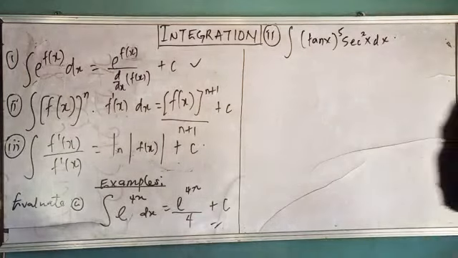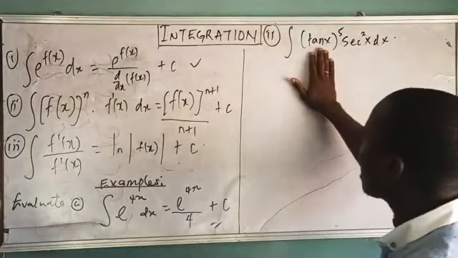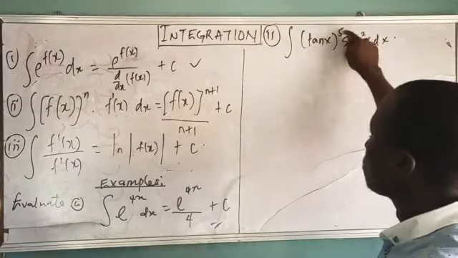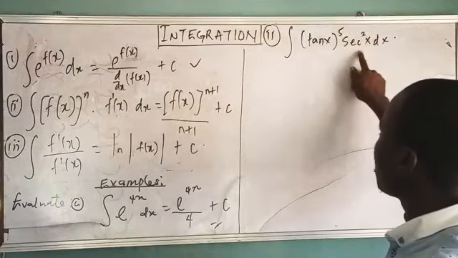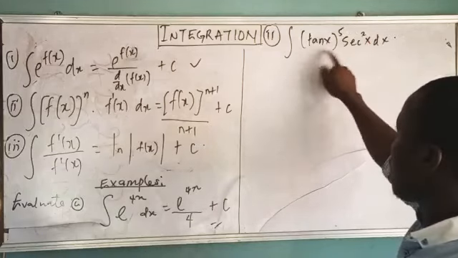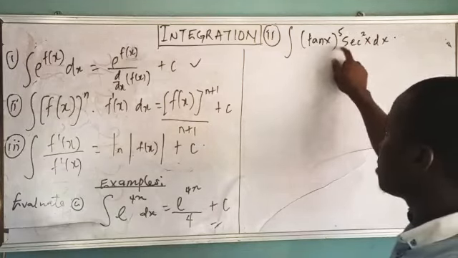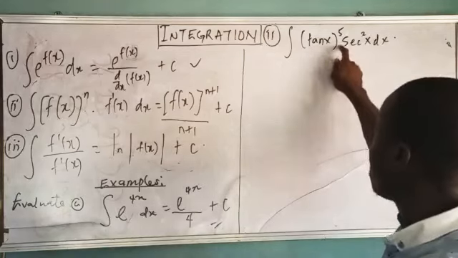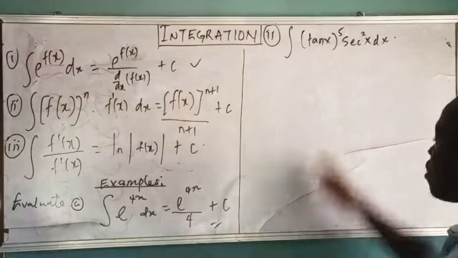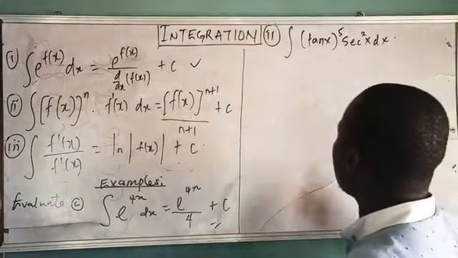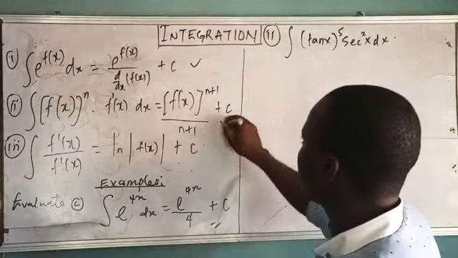Now look at this one. What we have under here is a function of x, and we have this power n. Also we have sec squared x dx. The operation here is multiplication. So which of these facts can you relate this with? You can see we are going to relate this with the second one.